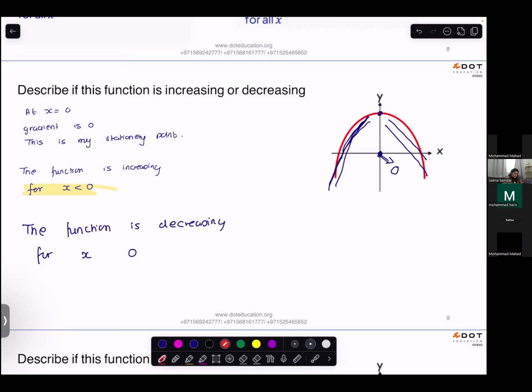When x is greater than 0, I say my function is decreasing. When x is less than 0, I say my function is increasing. And when x is equal to 0, I say it is stationary. It is neither increasing nor decreasing. I hope I am clear. I'm giving you time to write it.